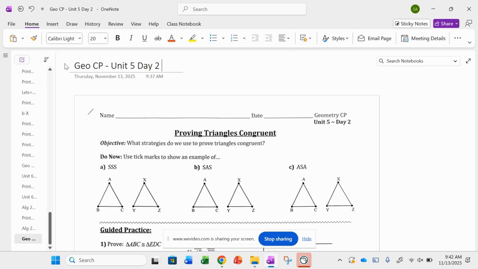Wait, so sides are like some for an angle? What are you talking about for which angle? Okay, so pick one, so it's a side and then an angle and then another side. Yeah, so which one does that match with on the other triangle? Yeah, and now you need an angle.